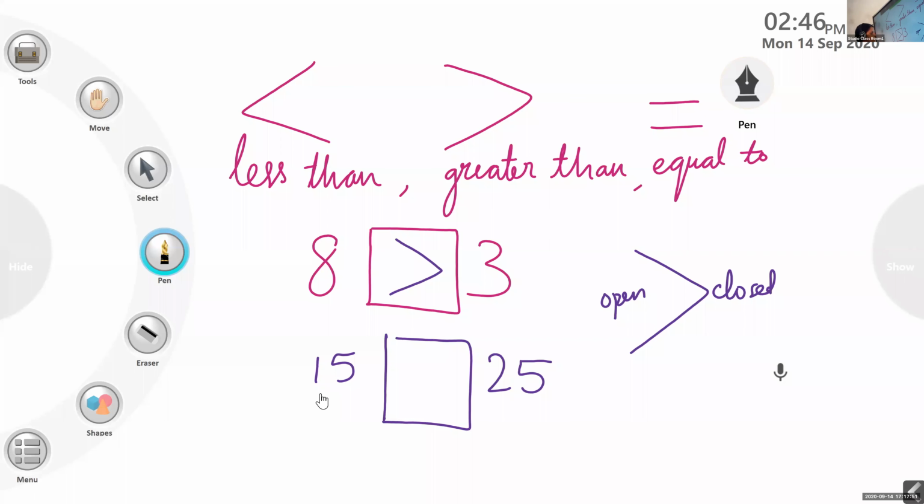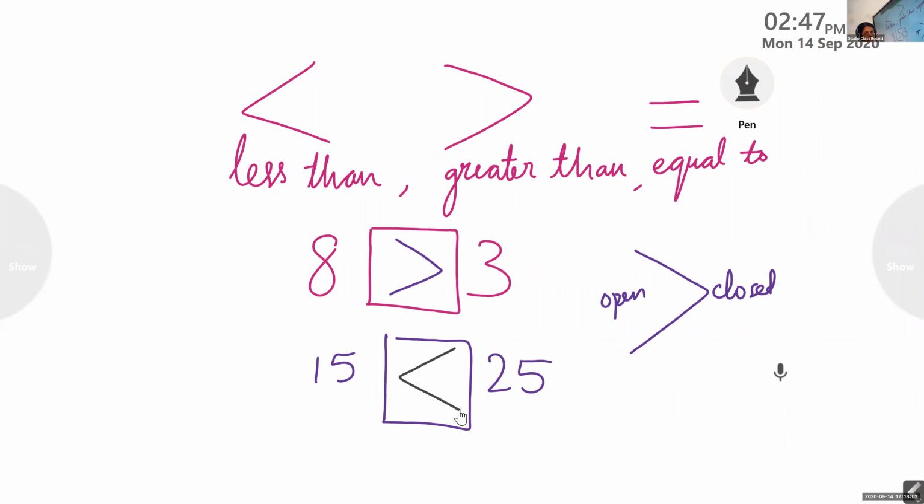See, 15 and 25. 25 is the bigger number. So always the mouth of the fish will be open towards the bigger number. Now what is this symbol? This is less than. How will you read this? 15 is less than 25.